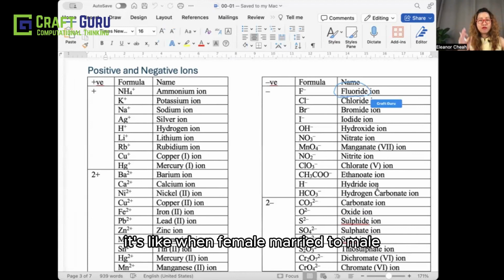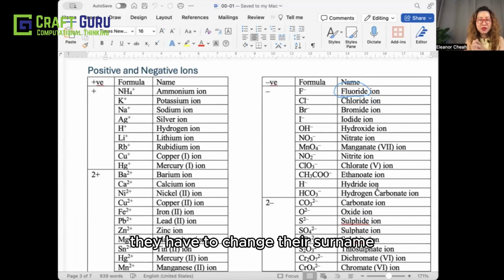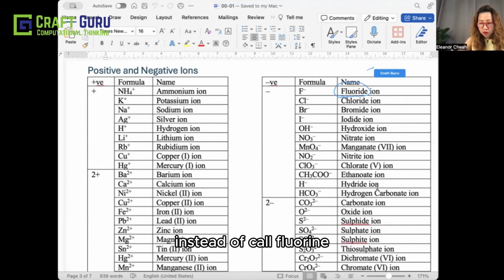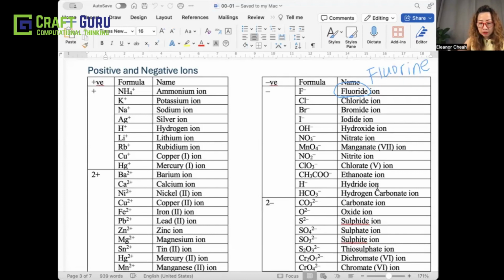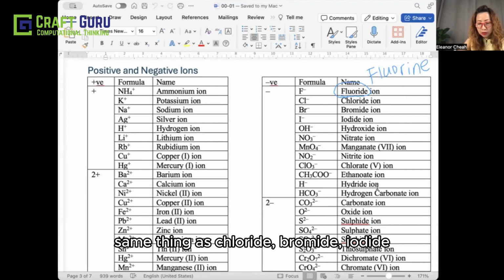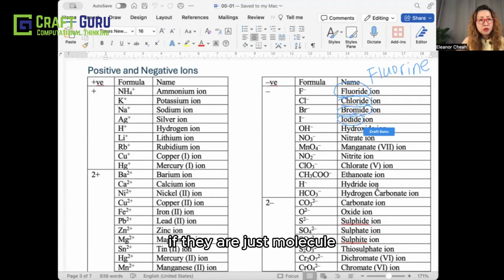It's like when female married to male, they have to change their surname. So for negative ion, the name will change. Instead of called fluorine, it is now called fluoride ion, IDE. Same thing as chloride, bromide, iodide. If they are just molecule, it is called chlorine, bromine, iodine.